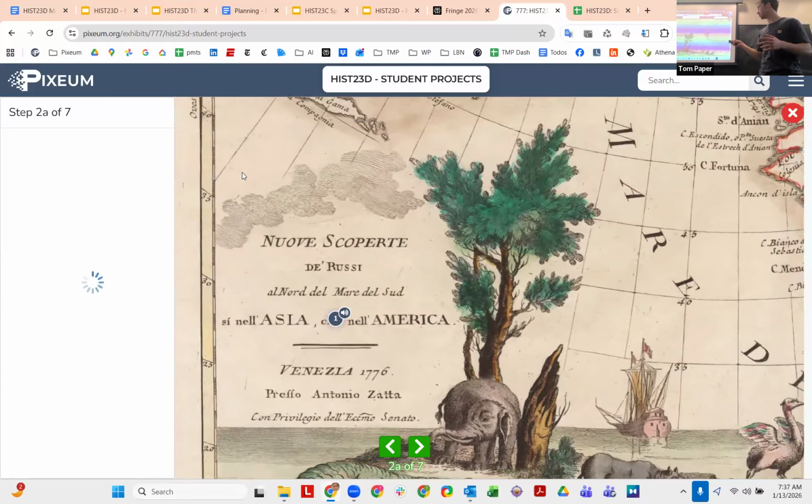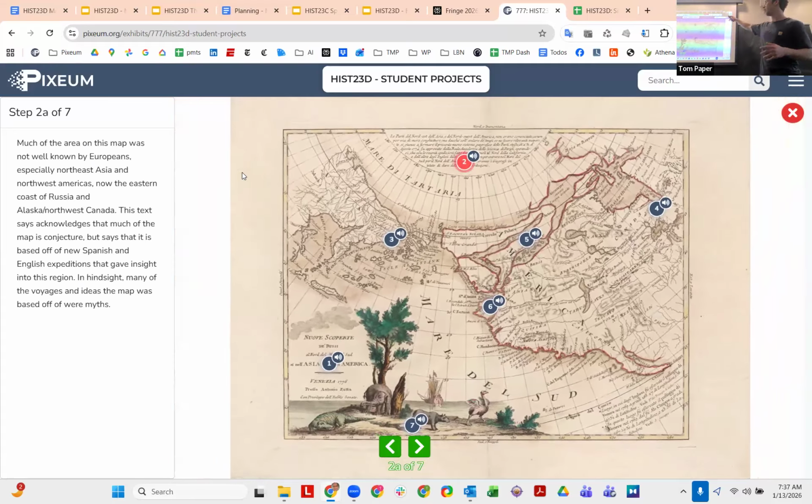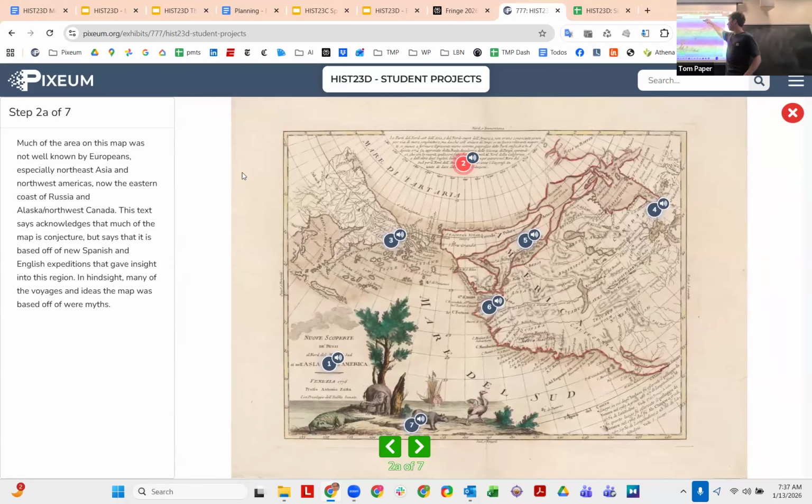We kind of talked about that. This is a little text at the top that Zatta wrote, the curator of the map. It acknowledges that a lot of the map is conjecture, and it specifically cites some Spanish and English voyages as the basis for his conjecture.